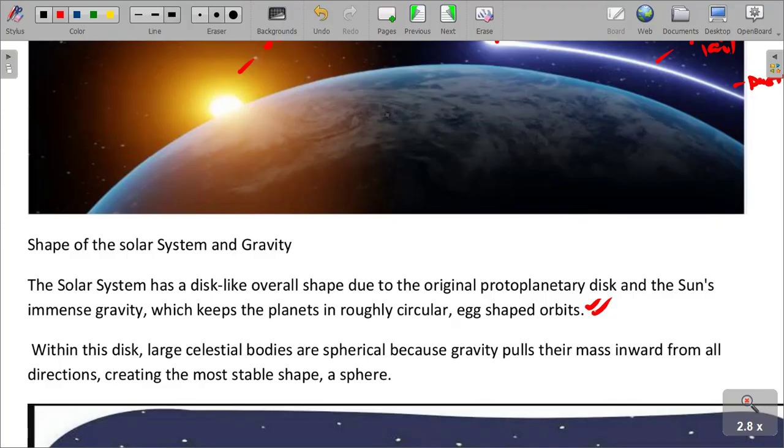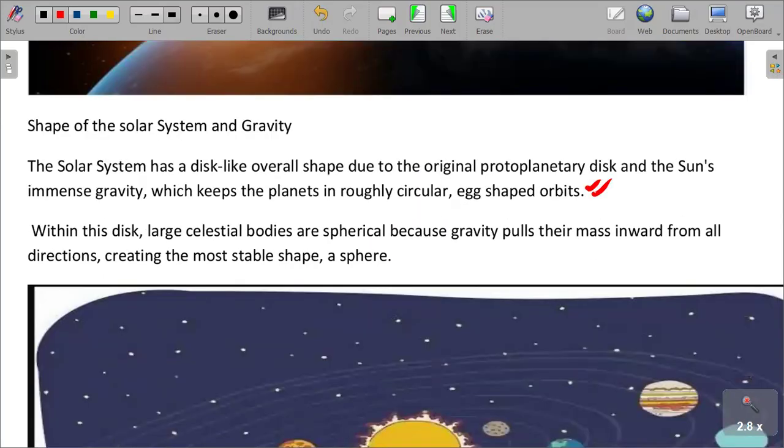Within this disk, large celestial bodies are spherical because gravity pulls their mass inward from all directions, creating the most stable shape, a sphere.